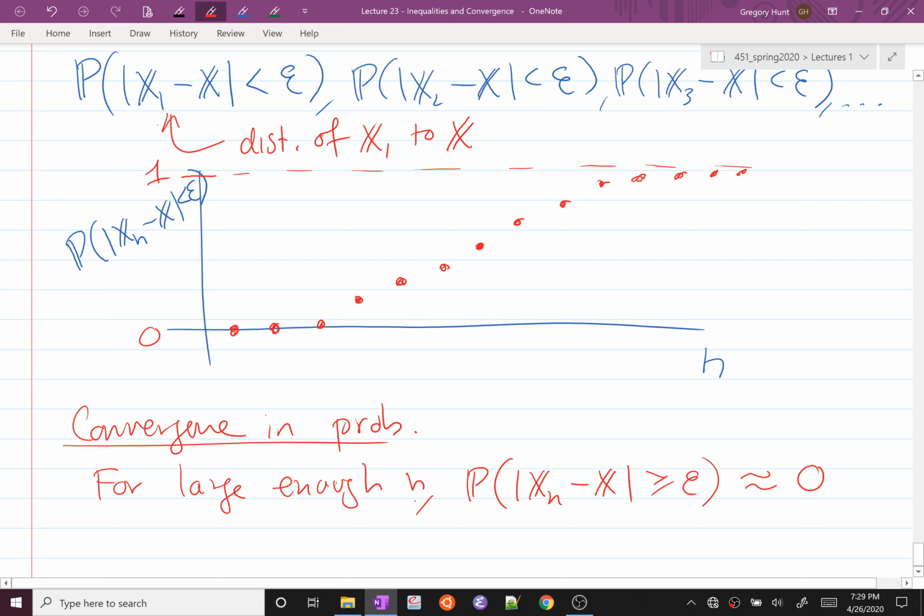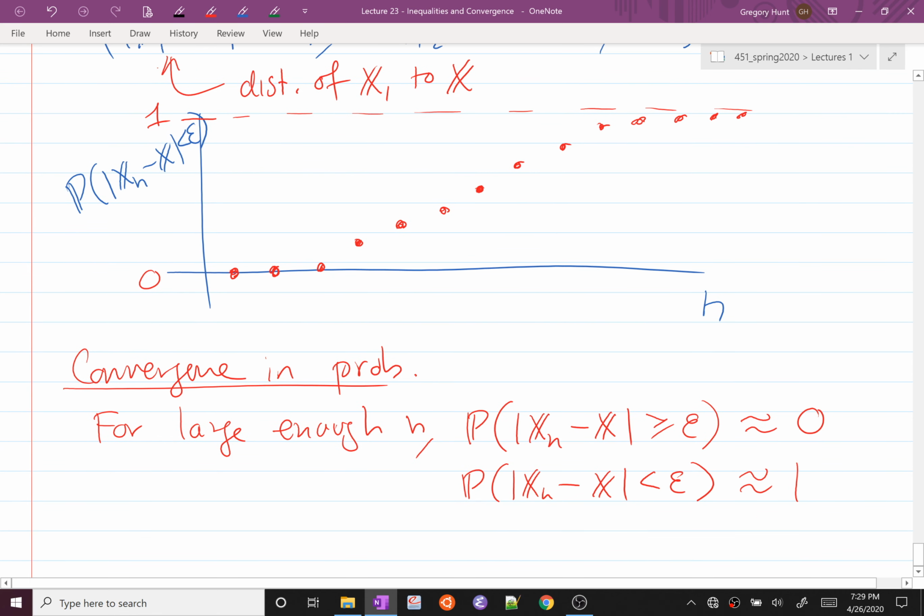If I pick n large enough, this is small, or the probability that they're closer together than epsilon is approximately 1. Either way, going far enough out, with high probability, basically in the limit 1, they're close to each other, or the probability they're farther apart than epsilon is 0. So in the limit, they should be very close together in a probabilistic sense, and that's why we call it convergence in probability.